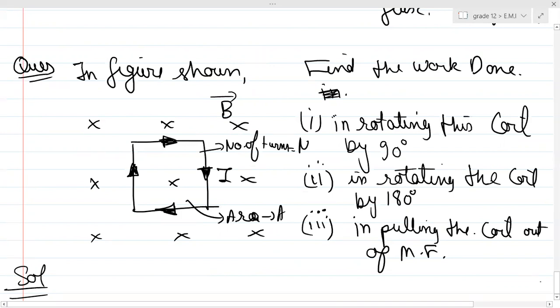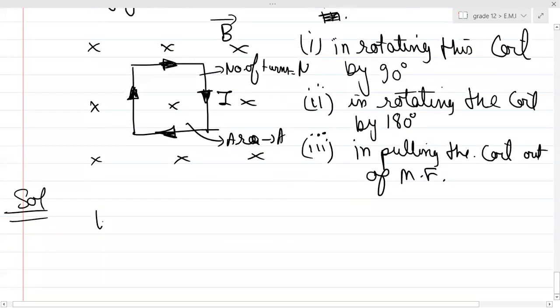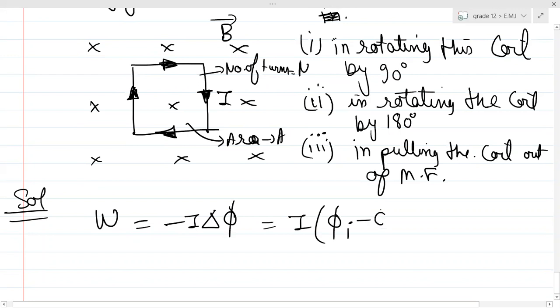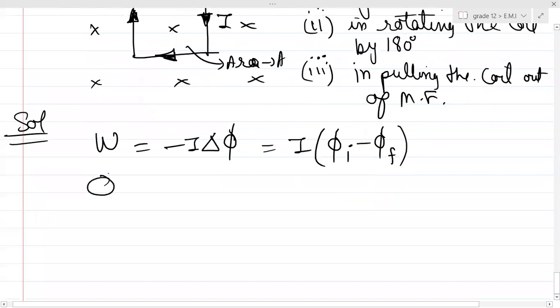Yes. We know only this thing. We know that the work done is basically what? Minus of I delta phi, right? Guys, we just learned this, right? Yes, sir.